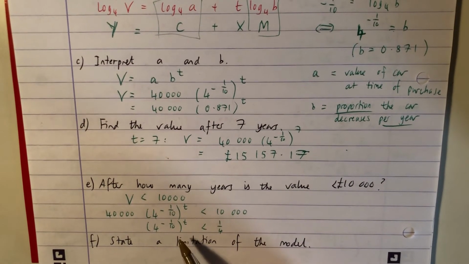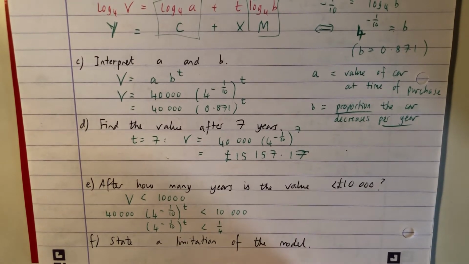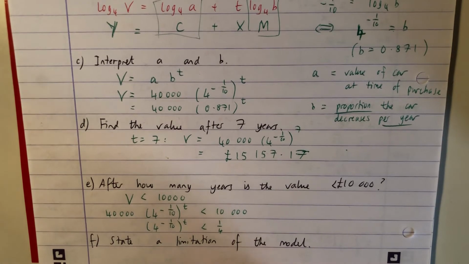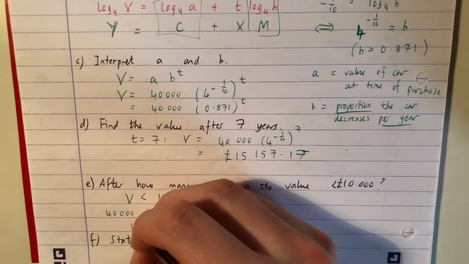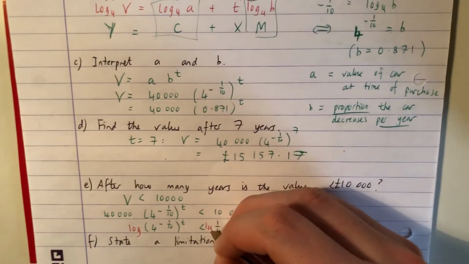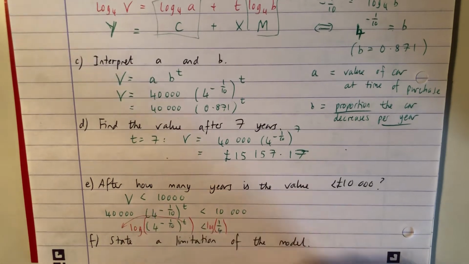Now, to make t the subject, you want to apply logarithms to both sides. You can apply any logarithm actually. So apply logs to both sides, like so. And it allows you to bring that power down in front.